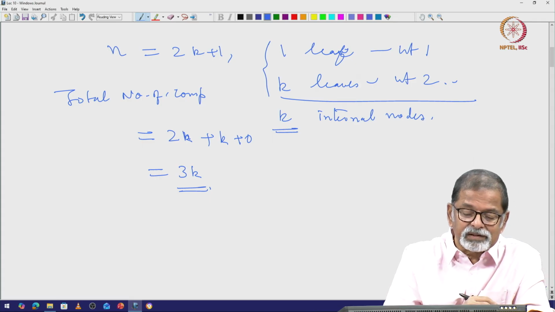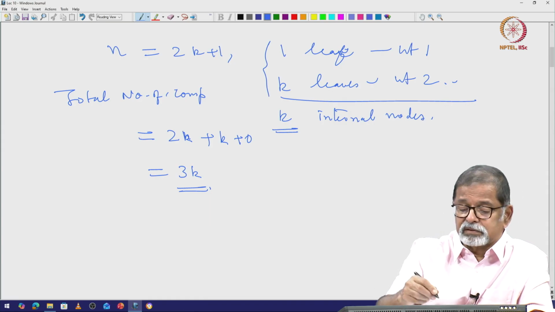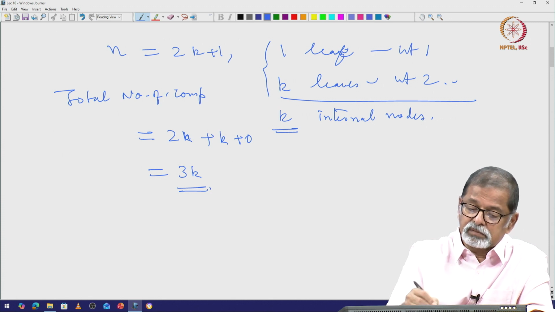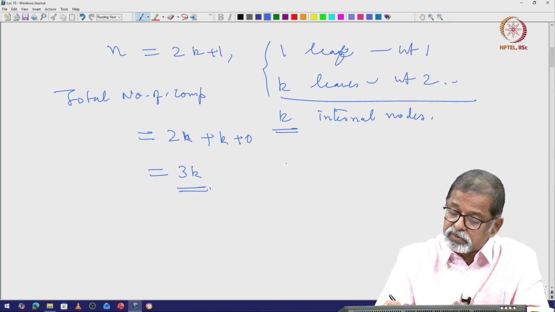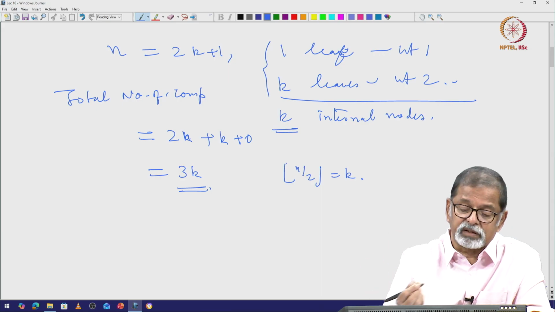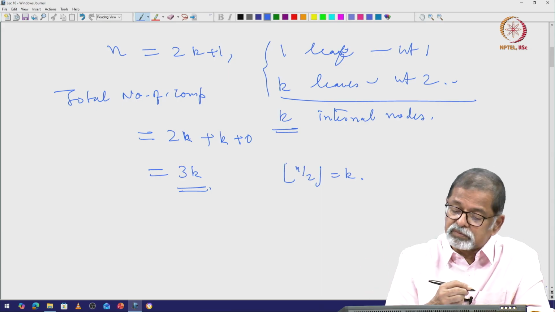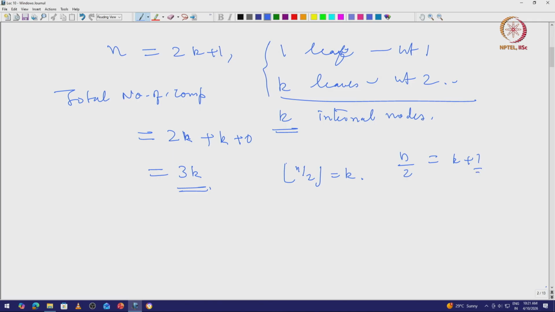But what is k? k is floor n by 2. You can also write k as ceil n by 2 minus 1. n by 2 is k plus half, so ceil n by 2 is k plus 1.